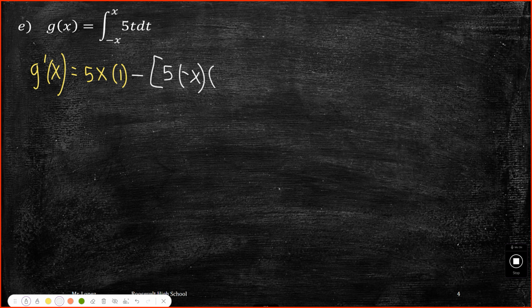Negative 1. So then on the inside, this becomes positive. A negative times a negative is a positive. So then it's going to be negative 5x, and we got 5x. And 5x minus 5x is 0.